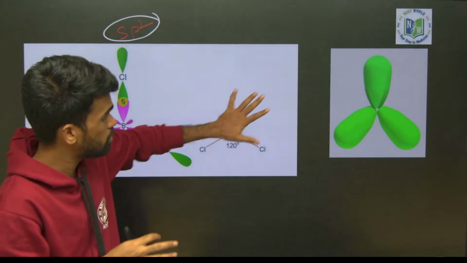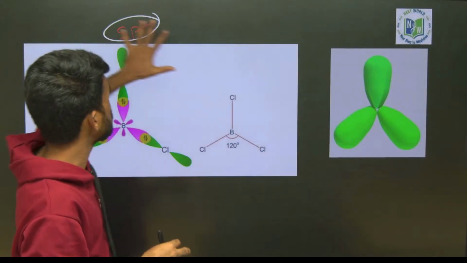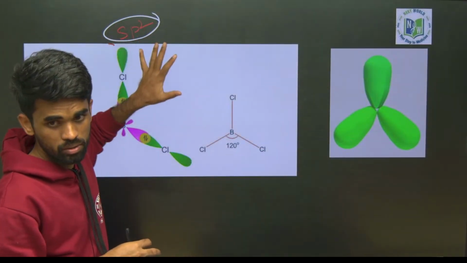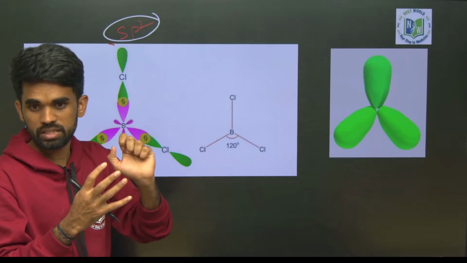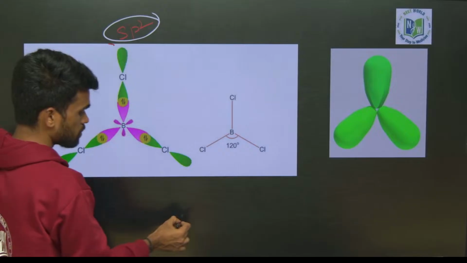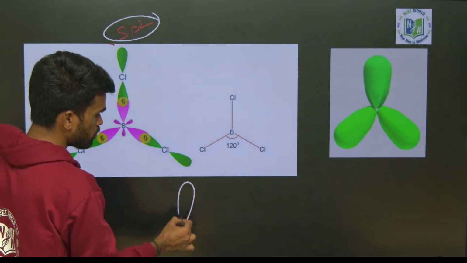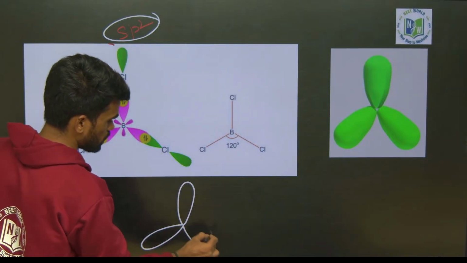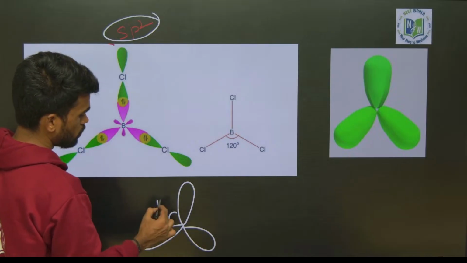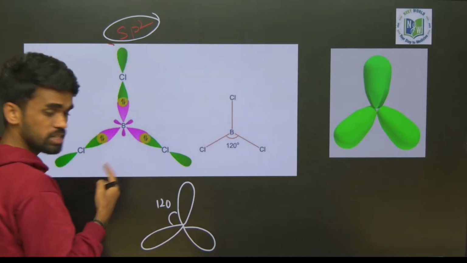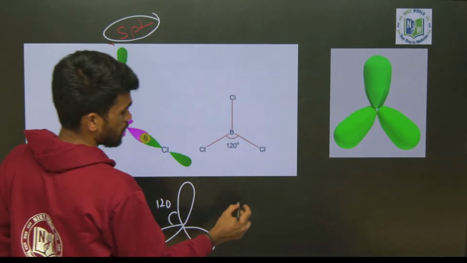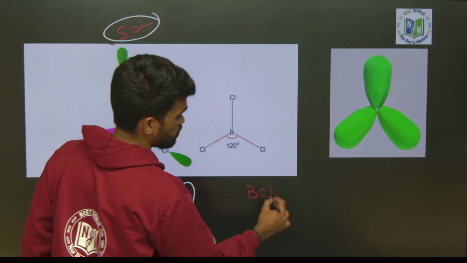It will become two-dimensional because only 3 are there, but imagine arranging them in the space of a sphere. The best way is keeping them at 120 degrees, 360 by 3. So BCl3, BF3, these kinds of molecules you can take.